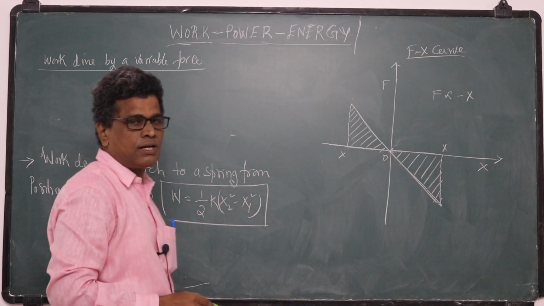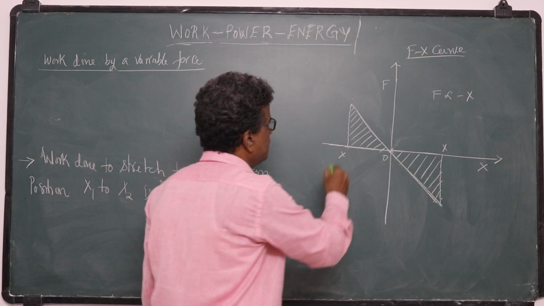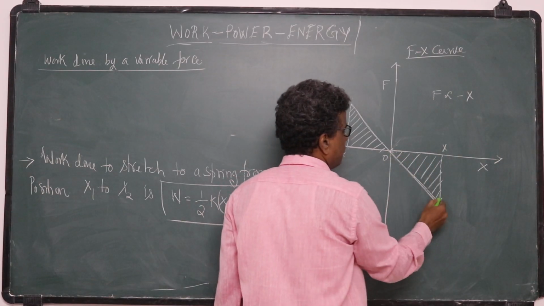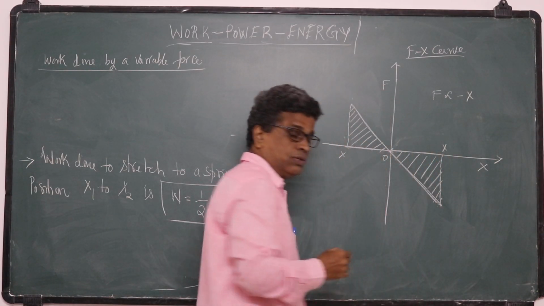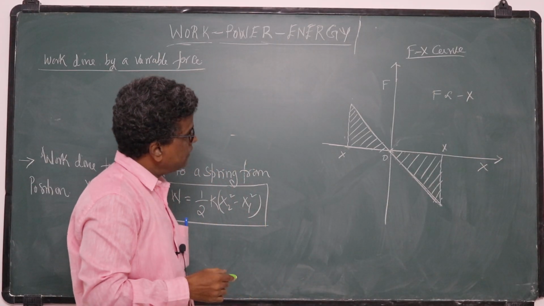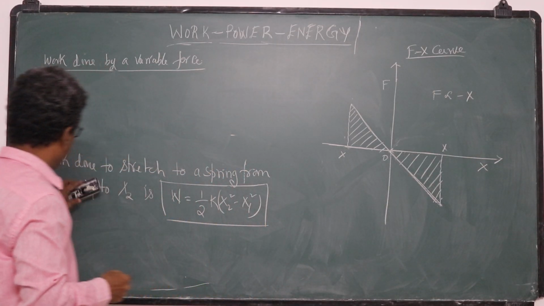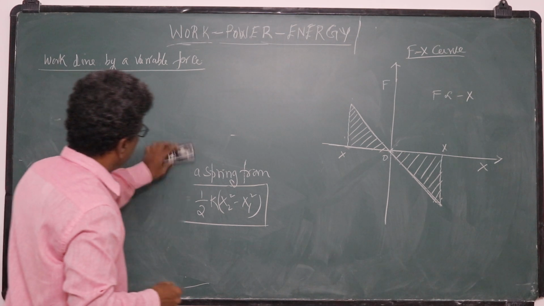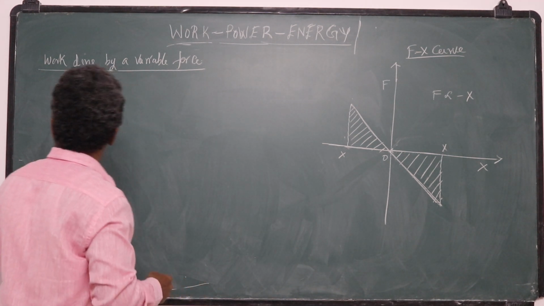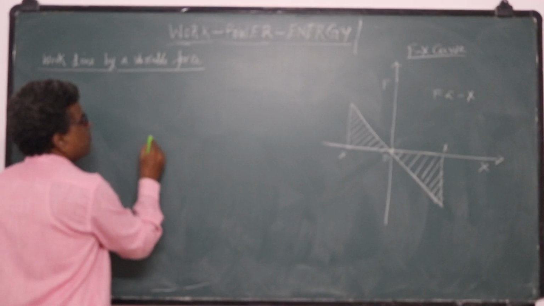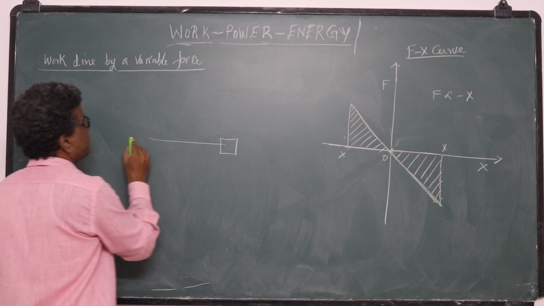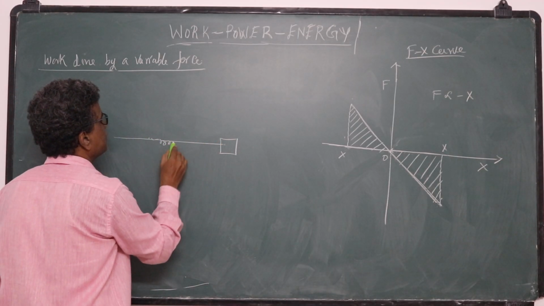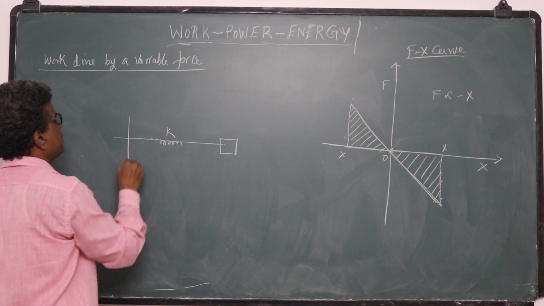So the total work done, since it has the same area, will become 0. So if you extend a spring, see, I will write this one. So this is a spring, okay, spring constant K.